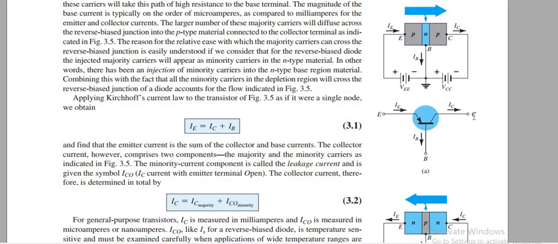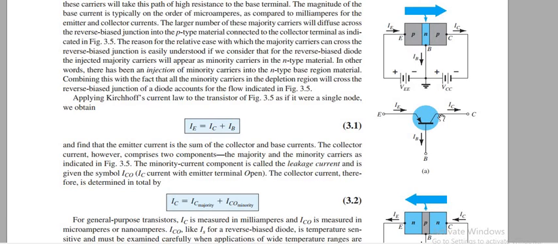Remember, the confusion may be there about which one is the collector and which one is the emitter. To distinguish them, an arrow is to be put on the emitter side and the collector terminal remains normal without an arrow.